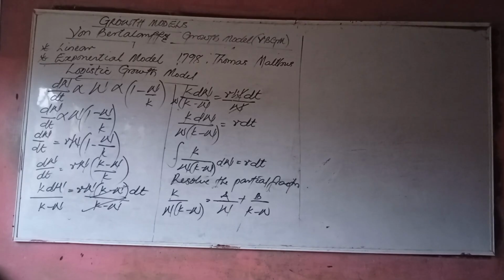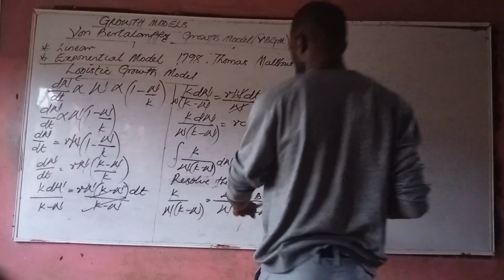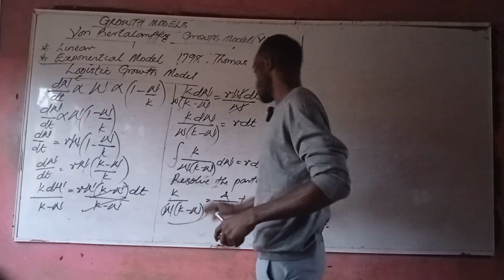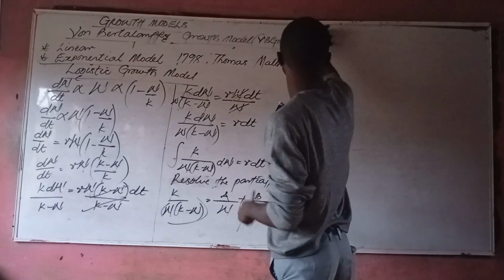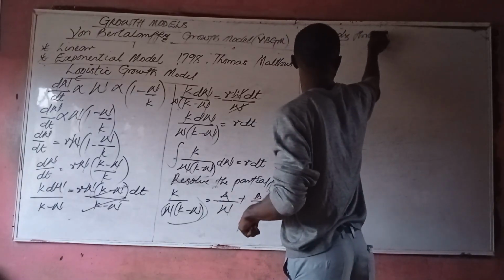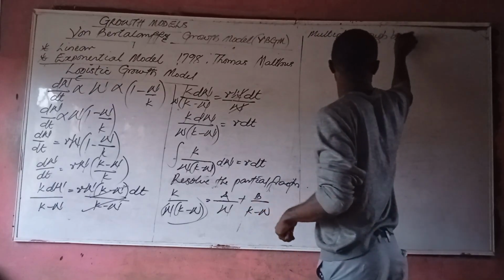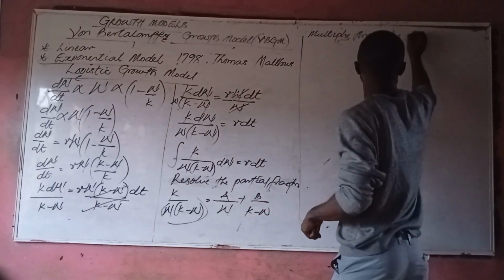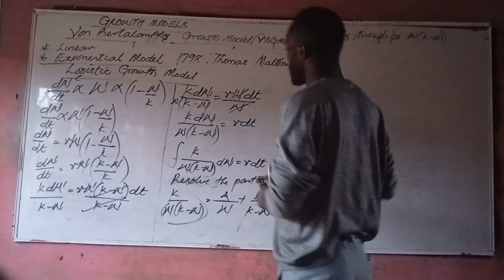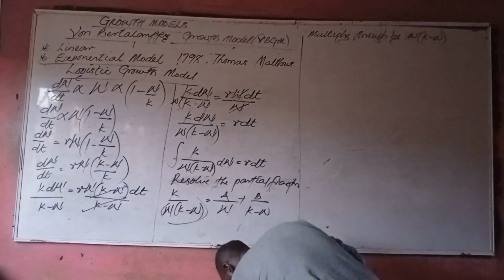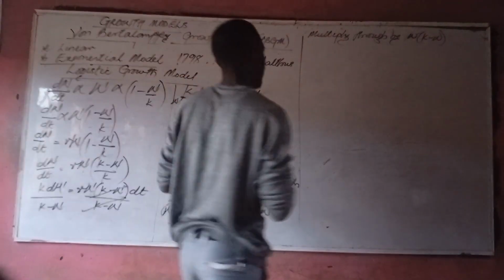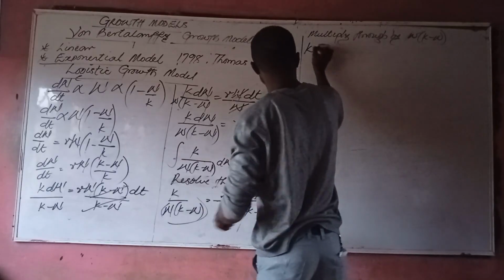If that becomes the case, from here, I'll multiply both sides by this denominator. Multiply through by W into bracket K minus W. If I multiply this side by W into bracket K minus W, I have K left here, right?